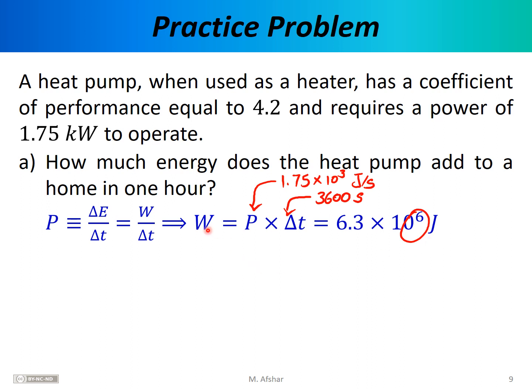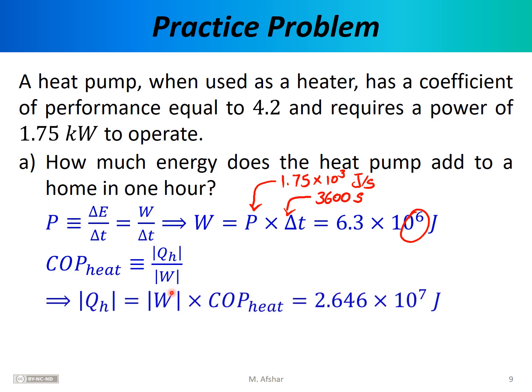Of course, we're not really interested in W. What we're really interested in is QH. We're interested in the amount of heat that is pumped into the home or into the hot reservoir. Recall that for a heat pump operated in heating mode, the coefficient of performance is defined as QH divided by W. Rearranging this equation, we find that QH is equal to W times COP.